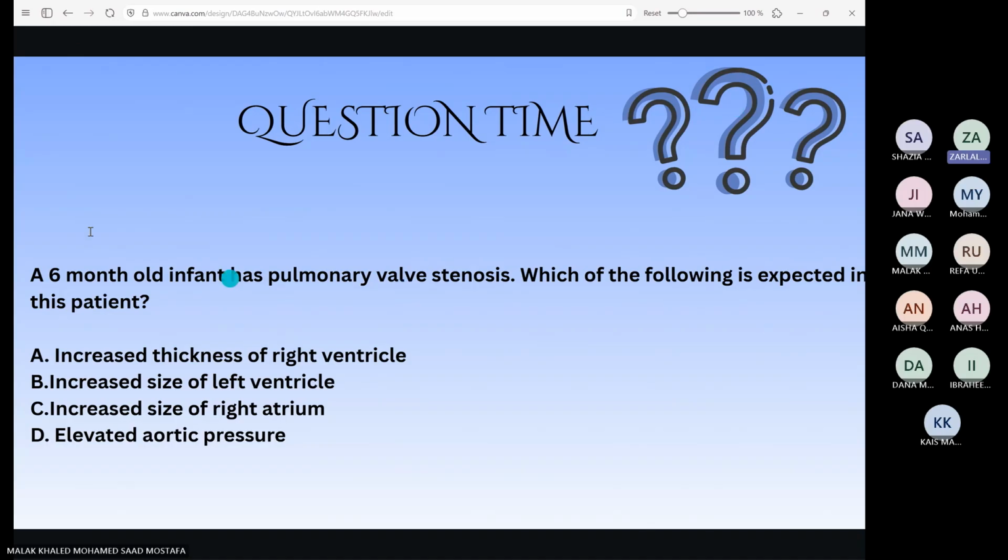Which side? Yes, exactly. It's A. Clarify this point for yourself: it's the pulmonary valve, so that's on the right side, the right ventricle. So there will be increased thickness of the right ventricle. Why? Because the heart has to work much more to pump the blood. So next, please.